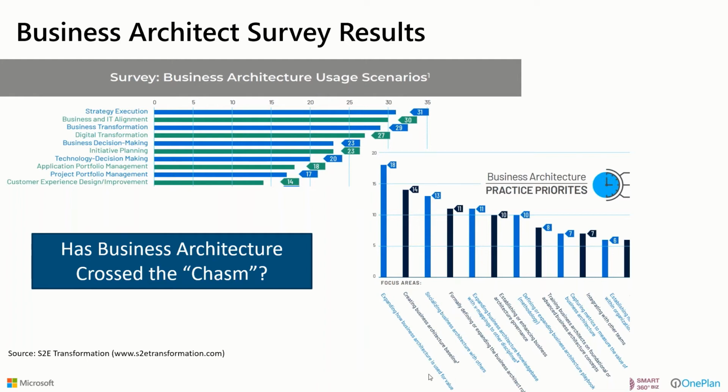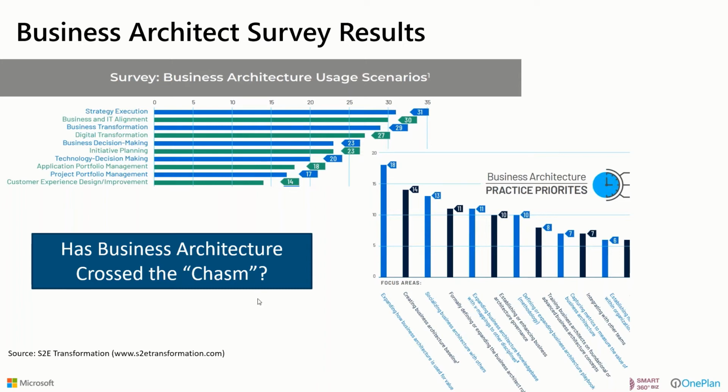So all of these are practice priorities within organizations that show how business architecture is growing and needs to continue demonstrating how it delivers value to organizations, again, by these use cases that are here.